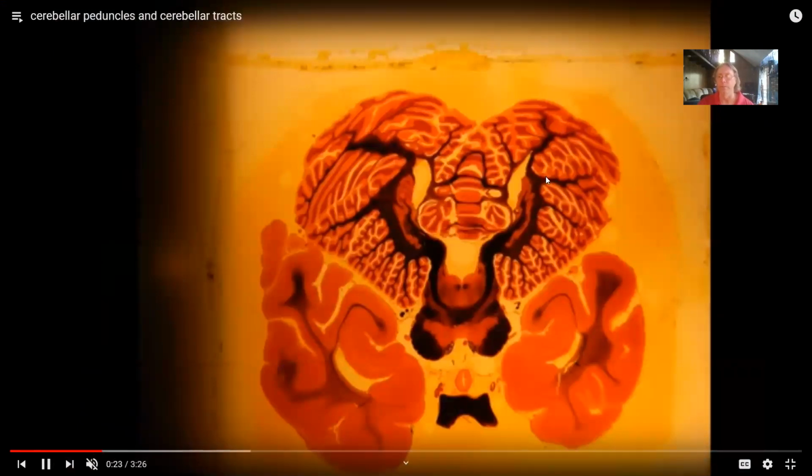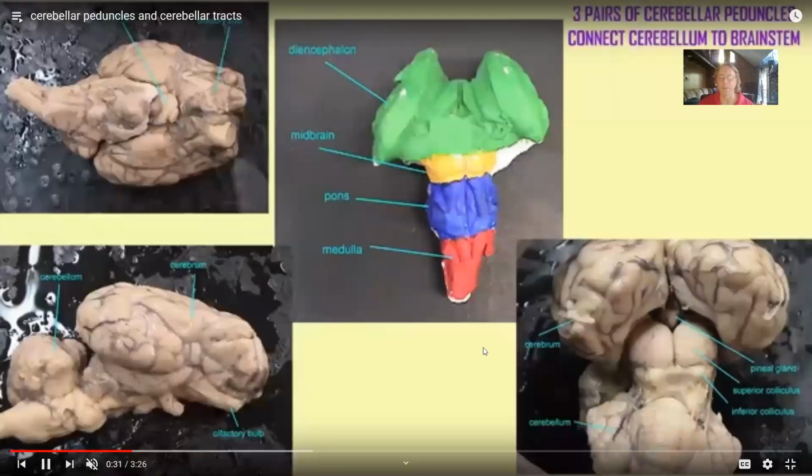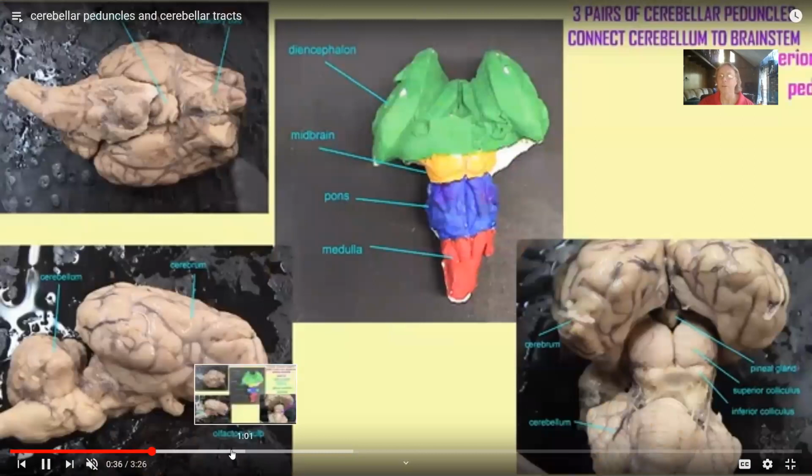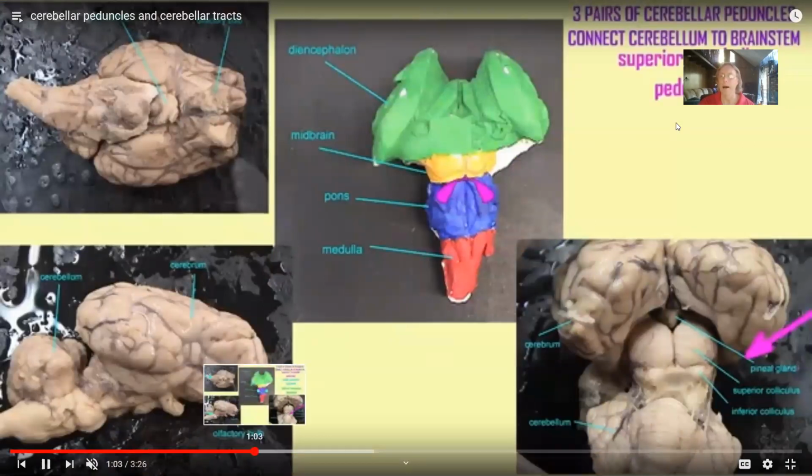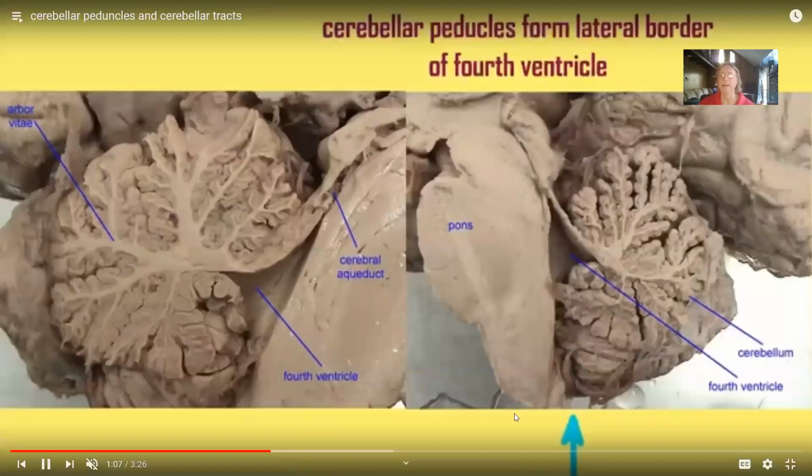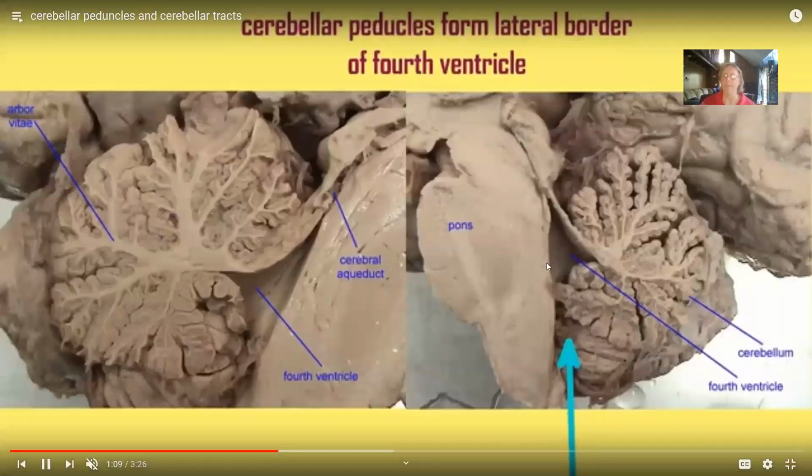So here you can see the cerebellum, but here, whether it be the medulla, the pons, or the midbrain, the cerebellum is connected to those. And so there are superior cerebellar peduncles, middle cerebellar peduncles.